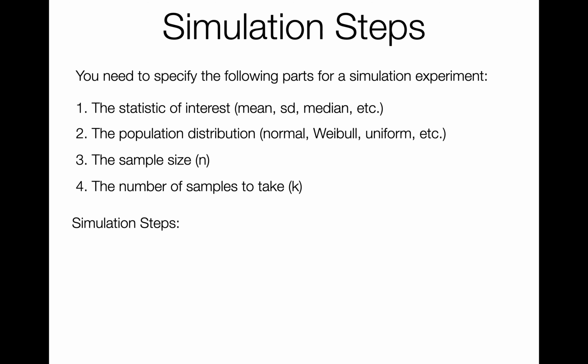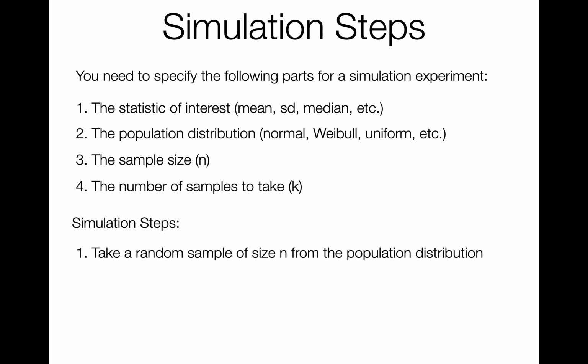So here's how you run the simulation. It's sort of the same thing that I did in R, but here's a different way of thinking about it. Step 1: you take a random sample of size n from the population distribution. Step 2: you calculate the statistic from that sample. Great, you did that once.